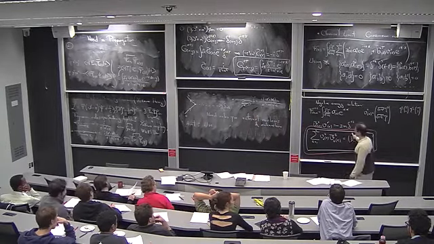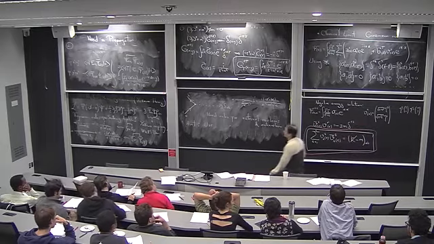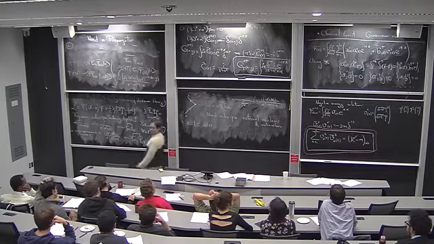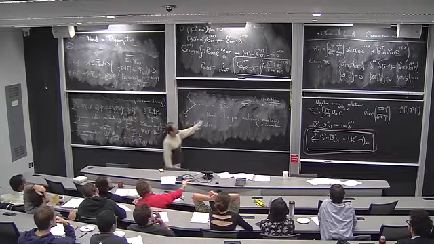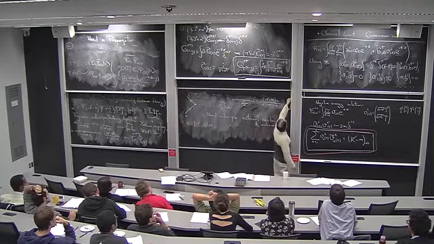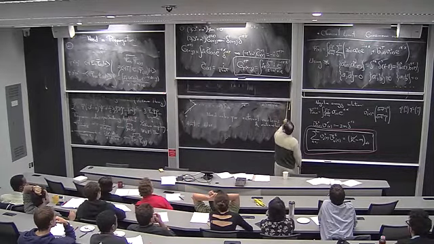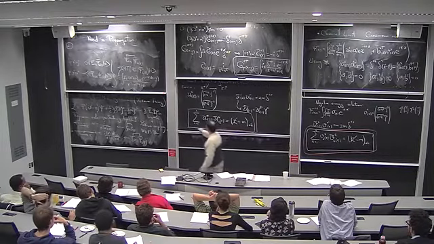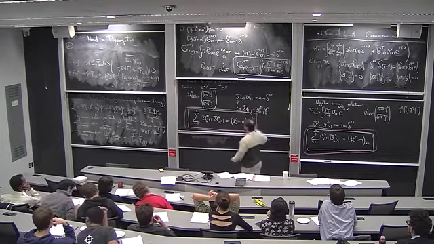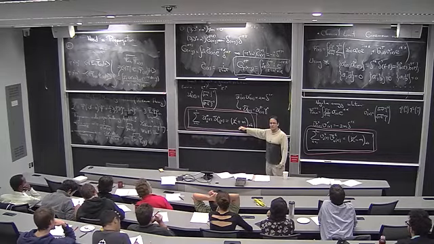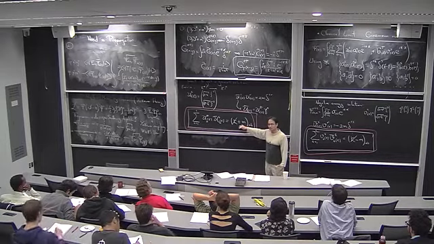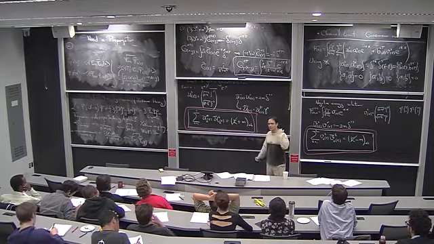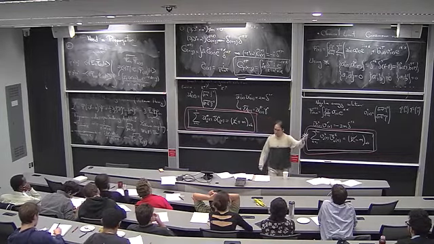And what is the other one? I know I kept it. Is it here? Ah, here it is. So you guys guessed correctly that this was a completeness relation, and it reminded you of the completeness relation for the polarization vectors.